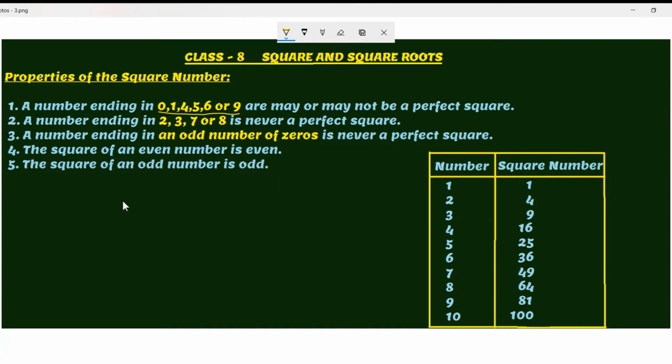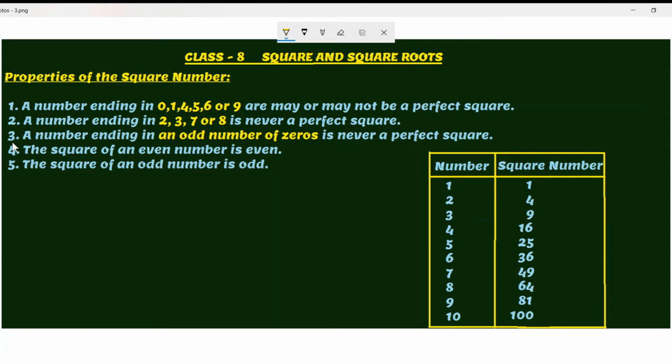If they give a number like 188 and ask whether it is a square number or not, we can say it is not a square number without any calculation because the unit digit is 8. Here there is a property: a square number never ends with 8, 7, 3, 2. So we can say 188 is not a perfect square number.